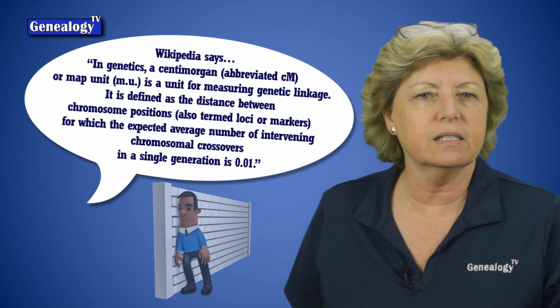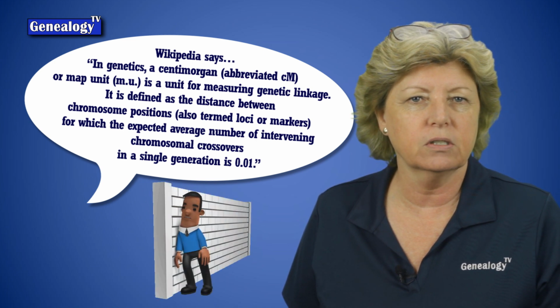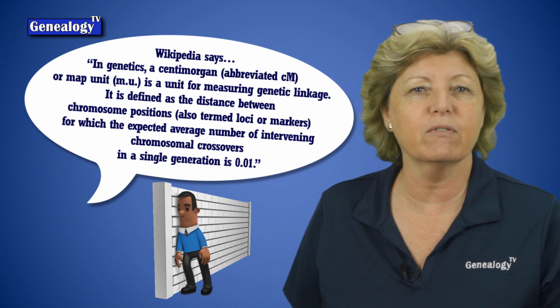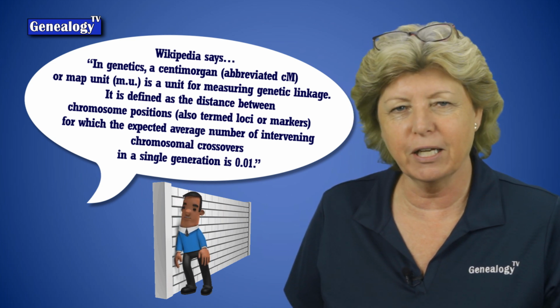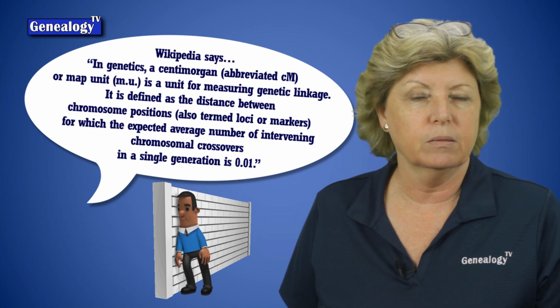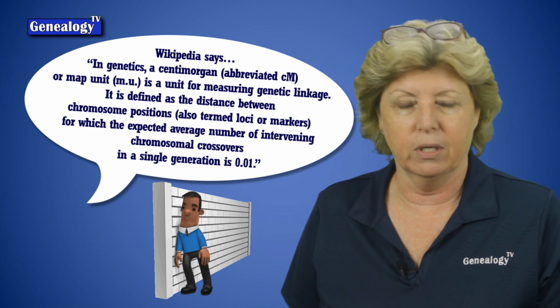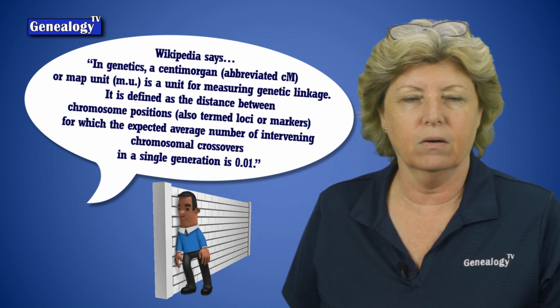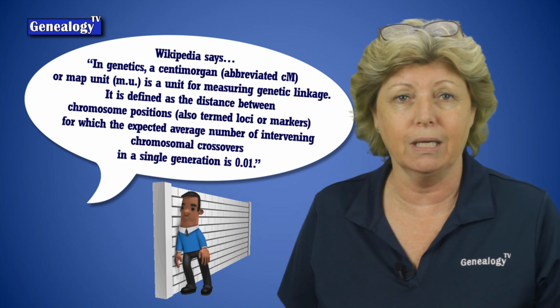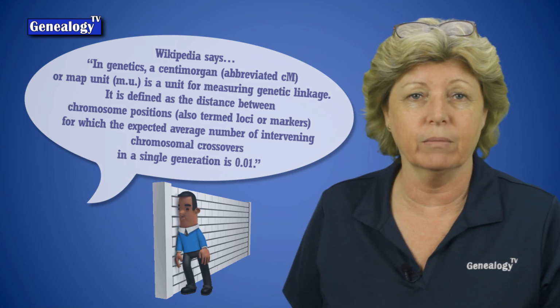It is defined as the distance between chromosome positions, also termed loci or markers, for which the expected average number of intervening chromosome crossovers in a single generation is 0.01. Okay, now please, who cares about all the technical jargon? Not me. That doesn't tell me anything about finding my family.